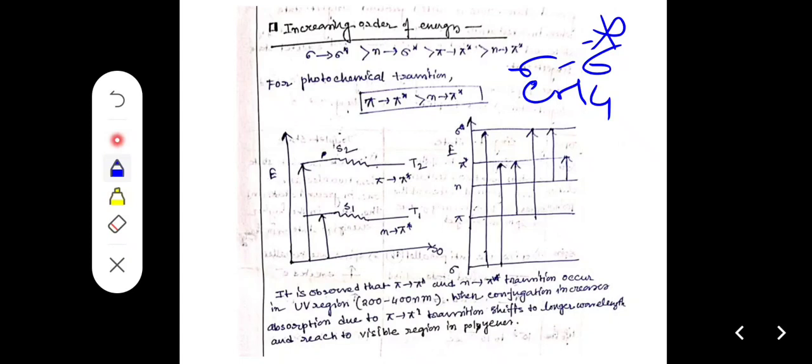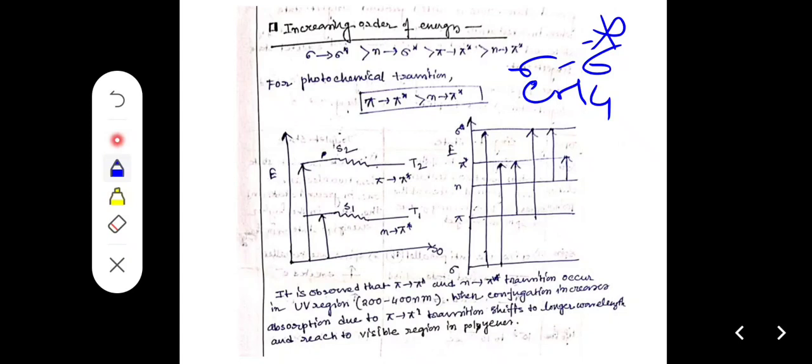When p orbitals are perpendicular and make sideways overlap, they produce double and triple bonds, which are considered pi bonds. A pi to pi star transition is only possible for double or triple bonds, generally multiple bonds. But when only single bonds are there, there is no chance for a pi to pi star transition.